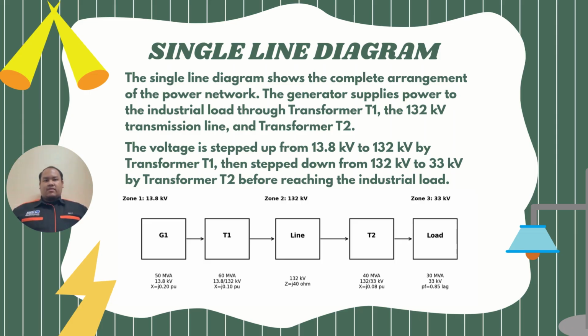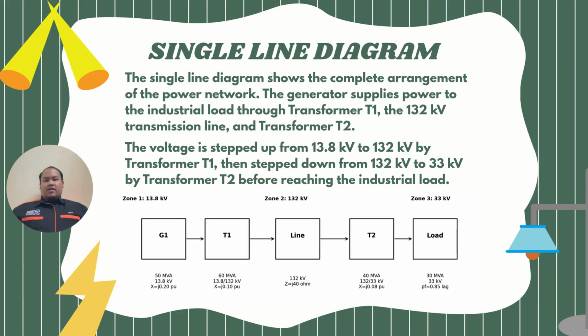This single line diagram shows the full arrangement of the power network. The power starts from generator G1 and is supplied to the industrial load through transformer T1, the transmission line, and transformer T2. Transformer T1 is used to step up the voltage from 13.8 kV to 132 kV for the transmission.